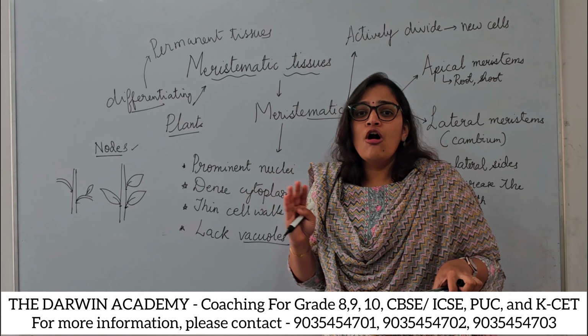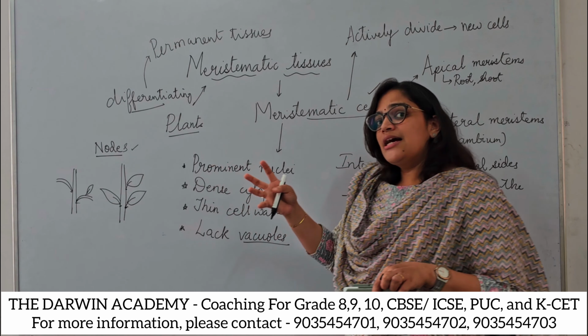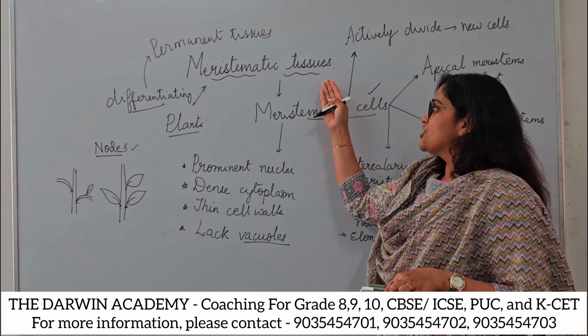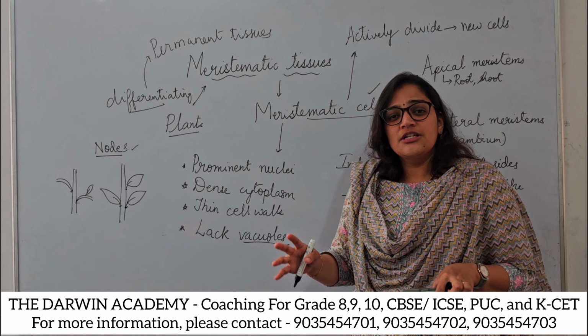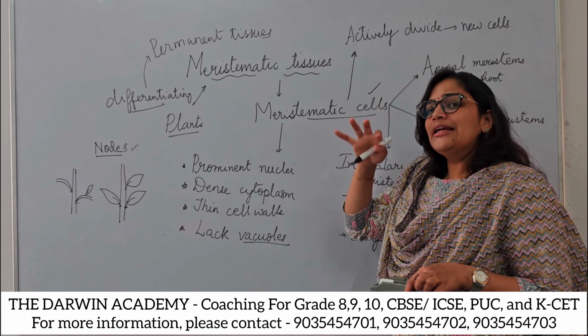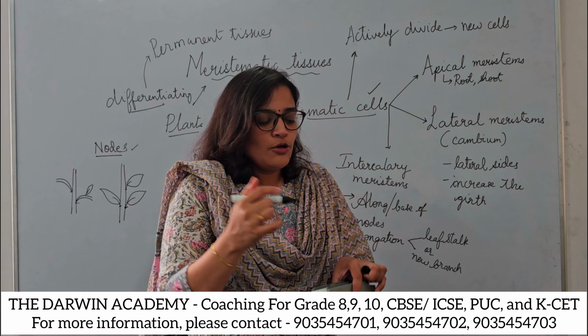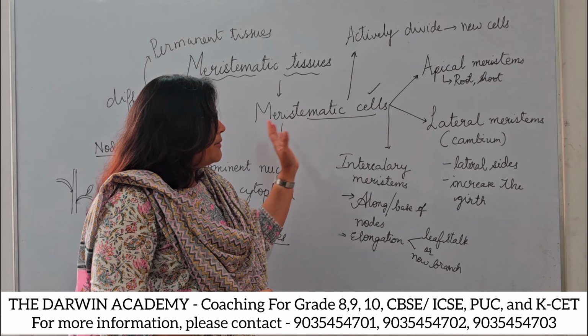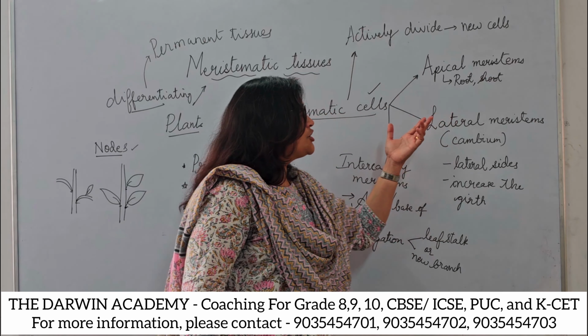Okay, they will no longer keep dividing. Whereas the other mass of tissues which have originated from the meristematic tissues will continue growing and retain their actively dividing capabilities. Okay, so coming back to the types of meristematic tissues?